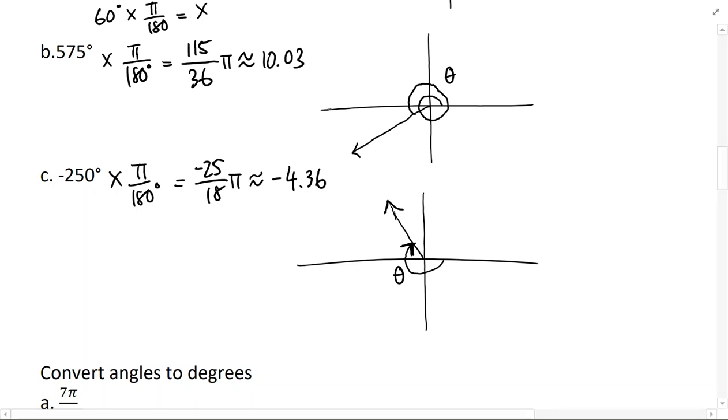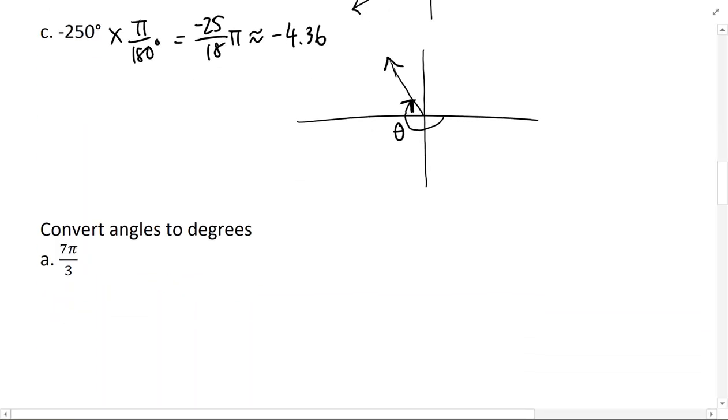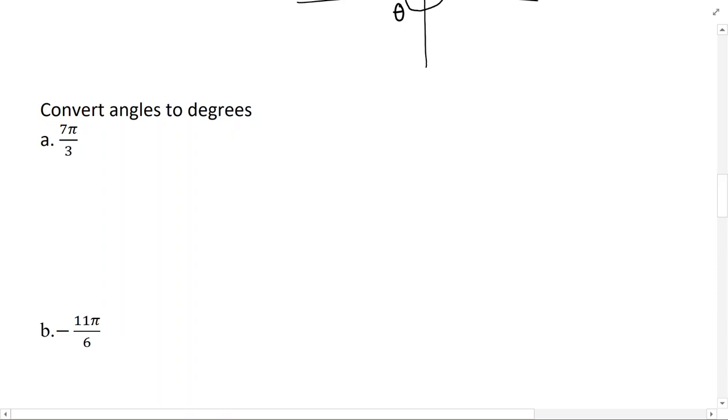Okay, now that we've gone from degrees to radians, let's convert angles to degrees. How do you know when it's degrees or radians? Degrees would always have that degree symbol, radians just would not.